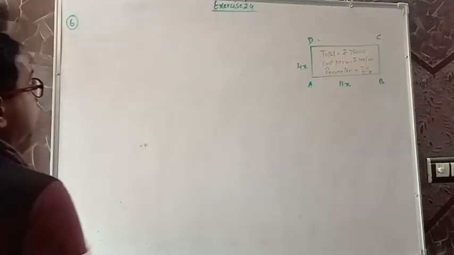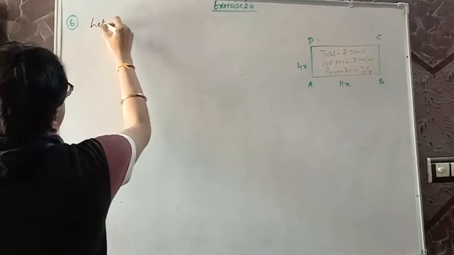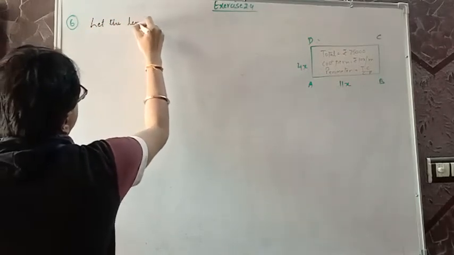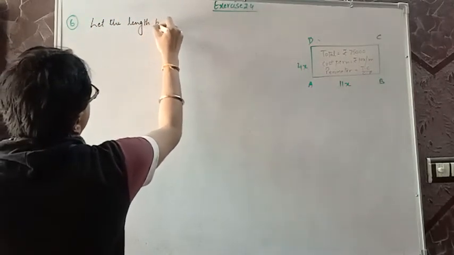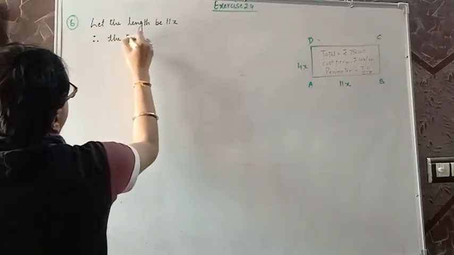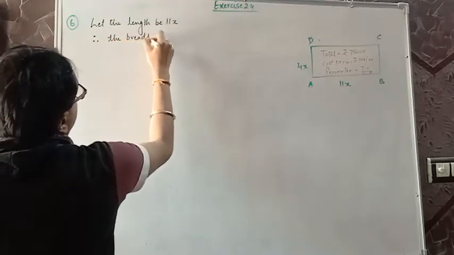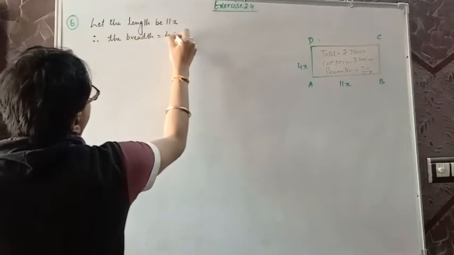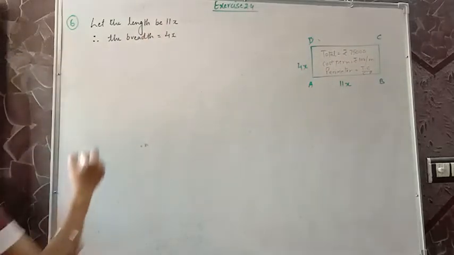So first of all, let the length be 11x. Therefore, the breadth is equal to 4x. Now, what is the perimeter?